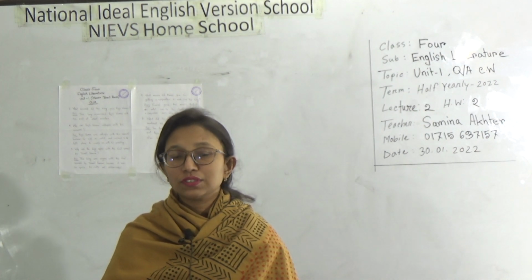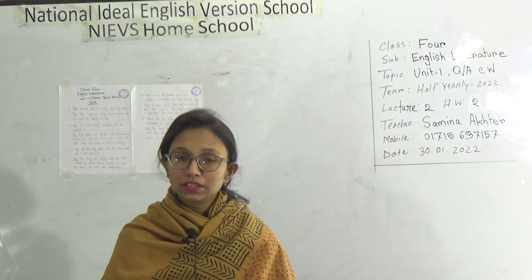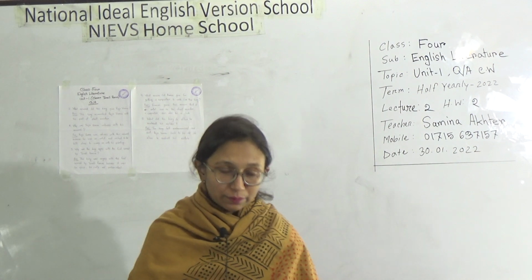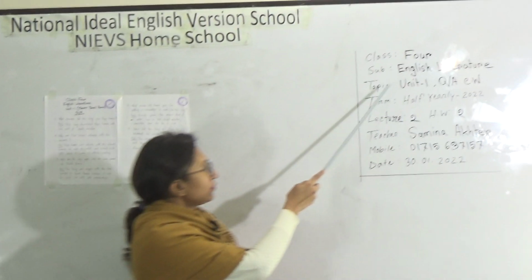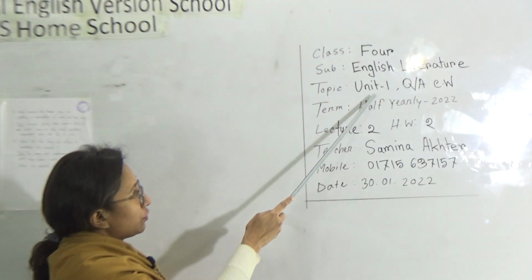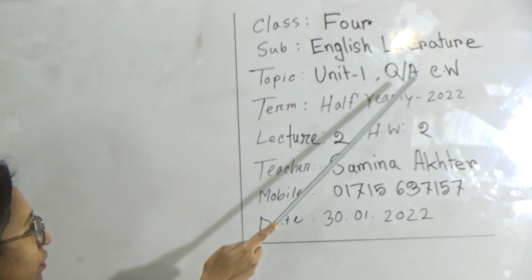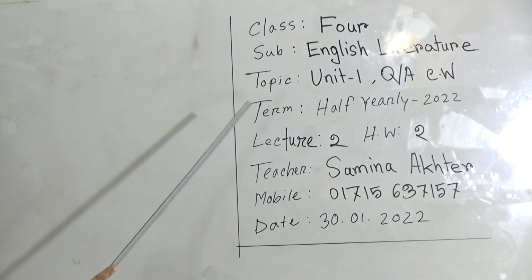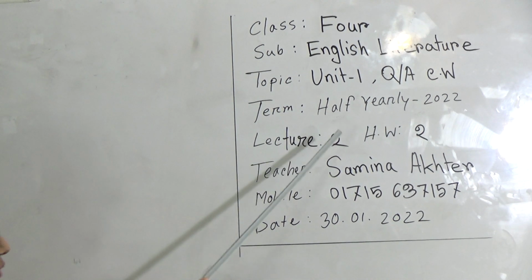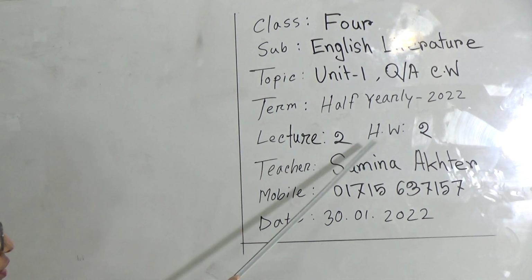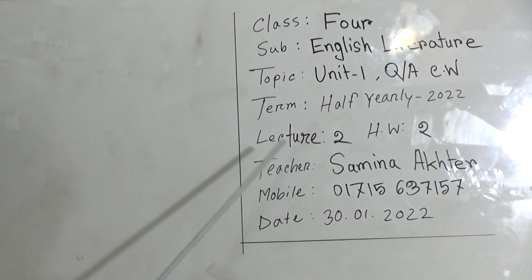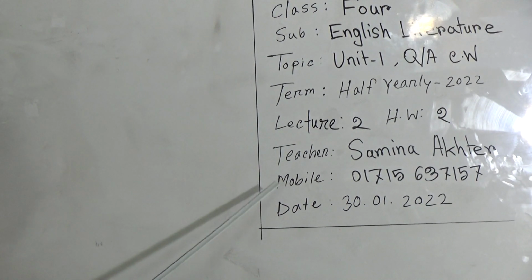Today I'm going to take your English literature class, and our topic is from Unit 1, question answer CW. This is the topic from your half yearly term and lecture number 2, and you will have HW number 2. My mobile number is also given here. So look at the pages here.